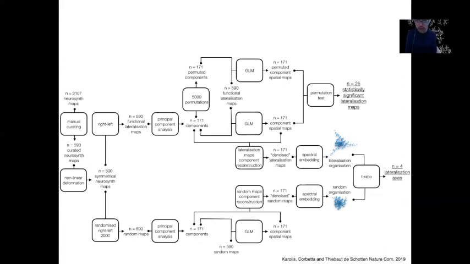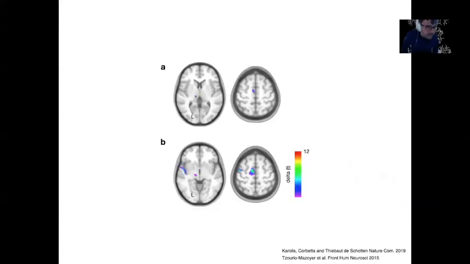And in order to do so, we looked at finger tapping. We looked at the asymmetry in finger tapping for participants that were doing finger tapping with their right hand and finger tapping with their left hand, and you average the activation. And then you look at whether you typically activate more your right hemisphere or your left hemisphere.